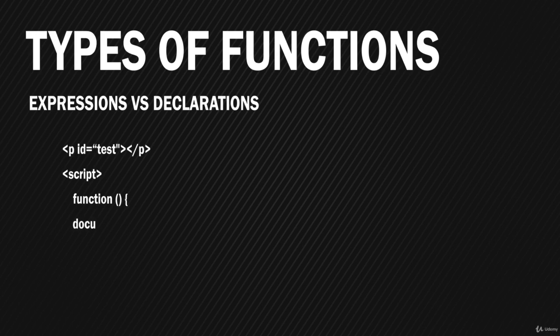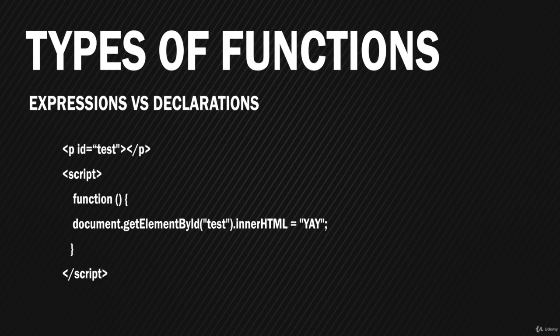We're going to access JavaScript's document object, which is your overall web page. And then on that document, we automatically get access to a getElementById method. The ID we want to get is test, and then we want to change its innerHTML to yay. So there you go. There's our function expression. We close the script tag and we're done.